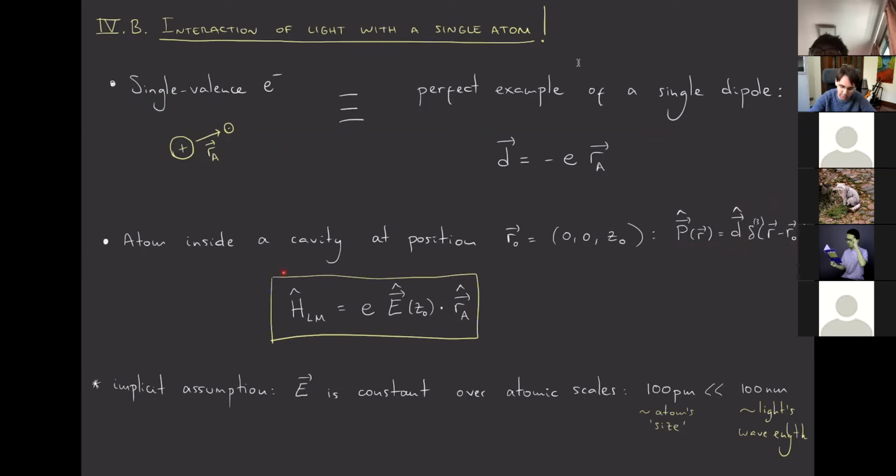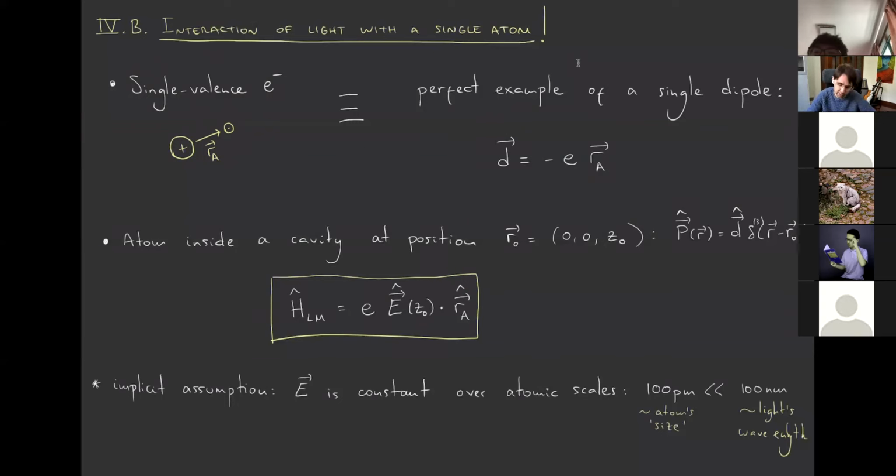And therefore, the interaction Hamiltonian will simply be the product between the electric field inside the cavity at position Z0, which is the position of the atom, times the relative coordinate of the atom, okay?